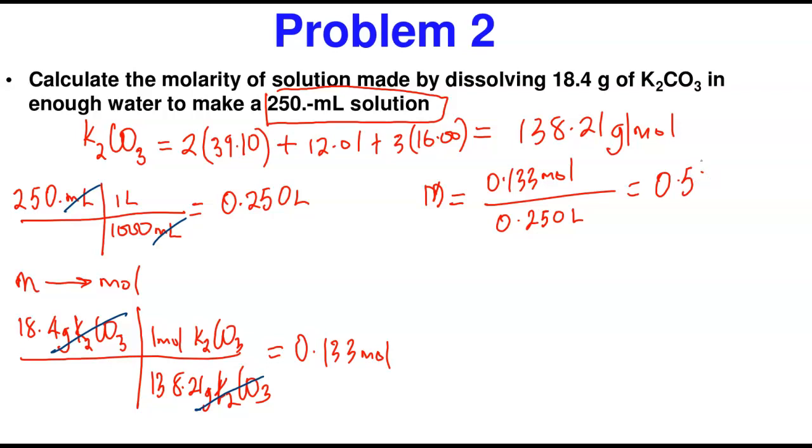Let me put that in my calculator. 0.133 divided by 0.250 will give us 0.532 molar. Molar is a capital letter M.